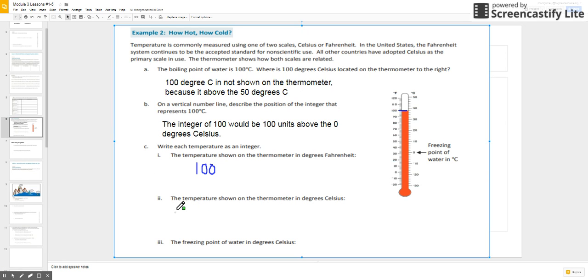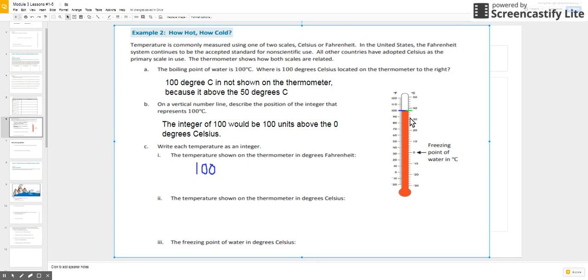Let's look at C2. It says the temperature shown on the thermometer in degrees Celsius. So we're going to look at the same temperature right here, but now we're looking at the other side, degrees Celsius. If we look at the spacing, it goes up 1, 2, 3, 4, 5 spots.